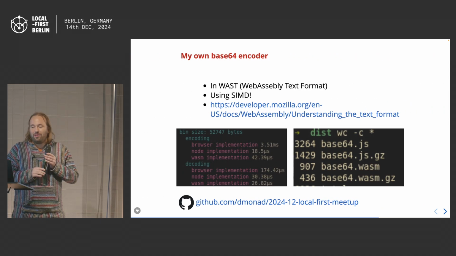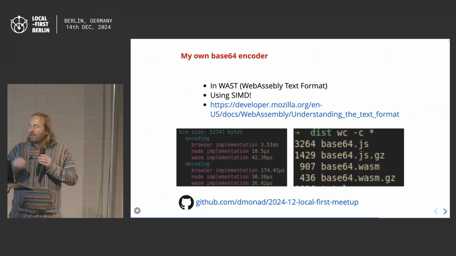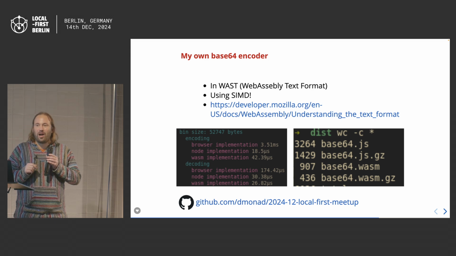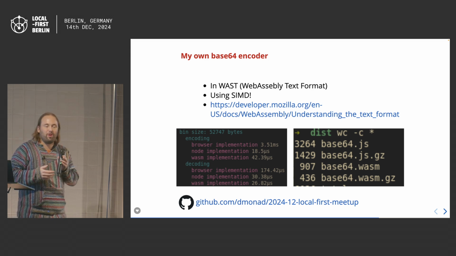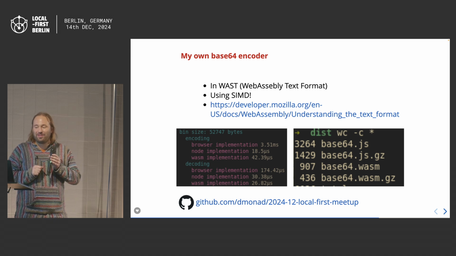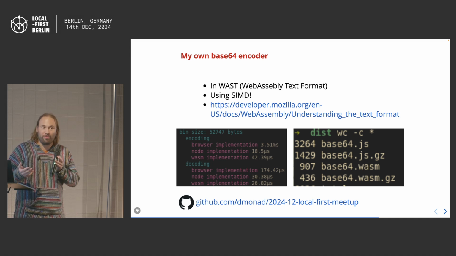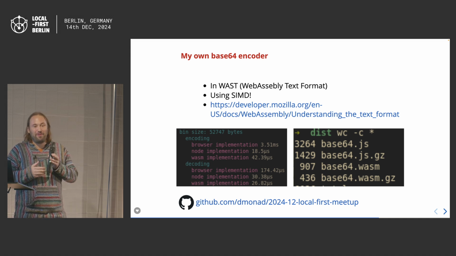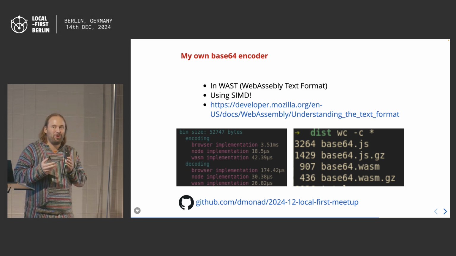So I tried to implement my own base64 encoder, and I was like, well, how do I want to do this? I tried it in JavaScript. It's still really slow, so I used some WebAssembly, but I didn't use Rust. I used WAST, which is the WebAssembly text format. And it's been my favorite. It's such a fun experience to write assembly language myself.